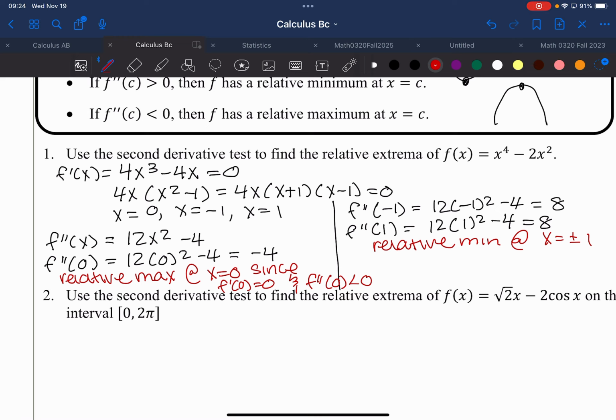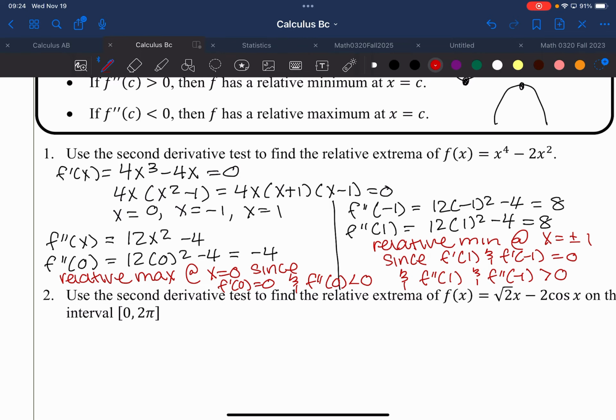Okay, and we would use the same justification. So we would say since f prime of 1 and f prime of negative 1 equals 0, and that f double prime of 1 and f double prime of negative 1 is greater than 0. It's positive.